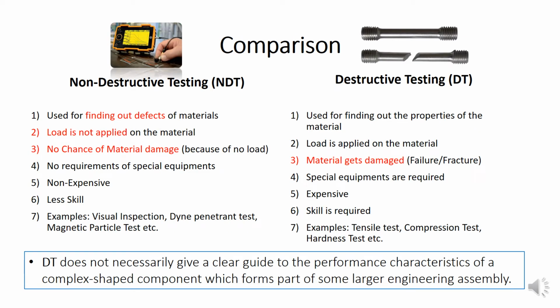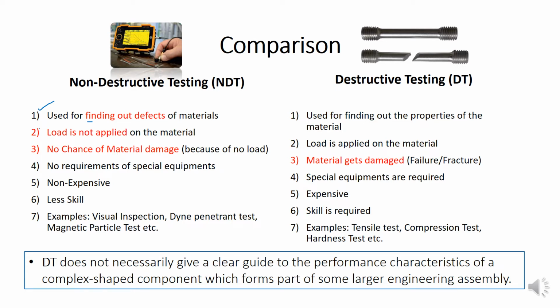If we have to compare non-destructive testing and destructive testing, firstly we'll discuss the specific points about non-destructive testing. Non-destructive testing is used to find out the defects of the material.